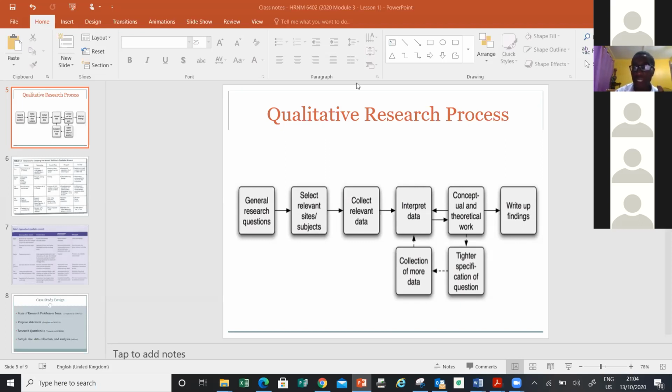Using the same scenario, you're pretending that you're the interviewer and you're going to develop an interview guide. So what other interview questions will you need to ask that will give you data to answer the main research question?